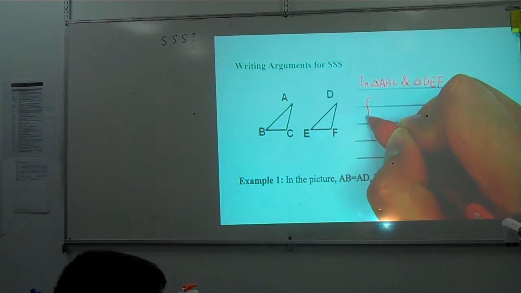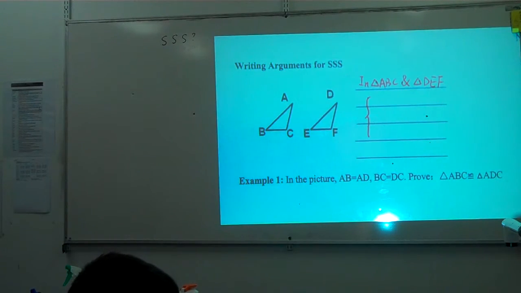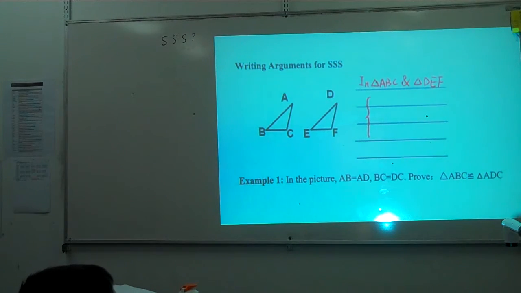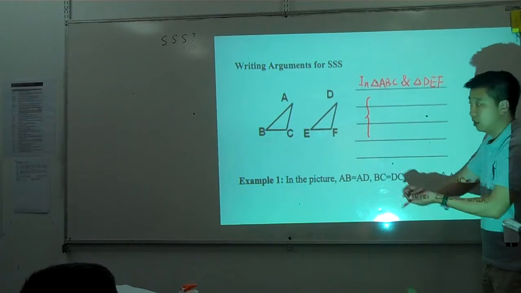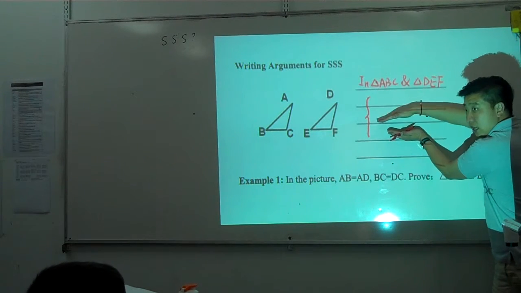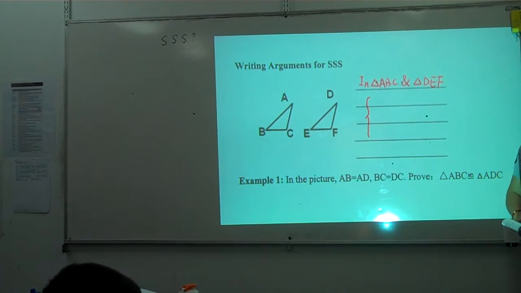Okay. Now let's have a look. I want to write them together, so I draw a parenthesis. This one works like a family. We want to put that in one house. Alright, in your homework, I need to see you draw these parentheses, putting all the sentences together. Okay? Alright.